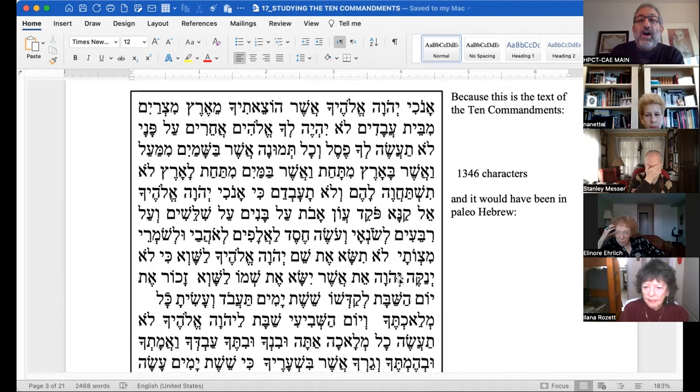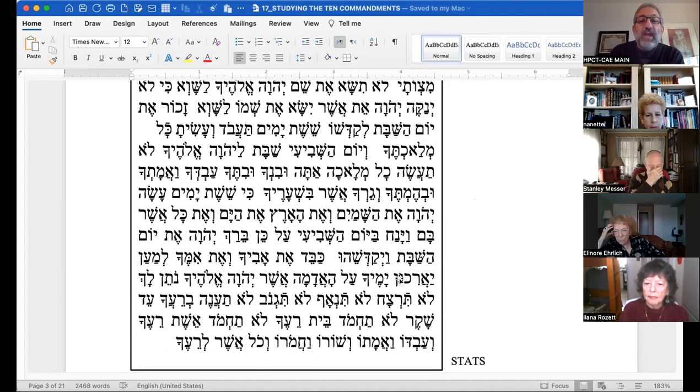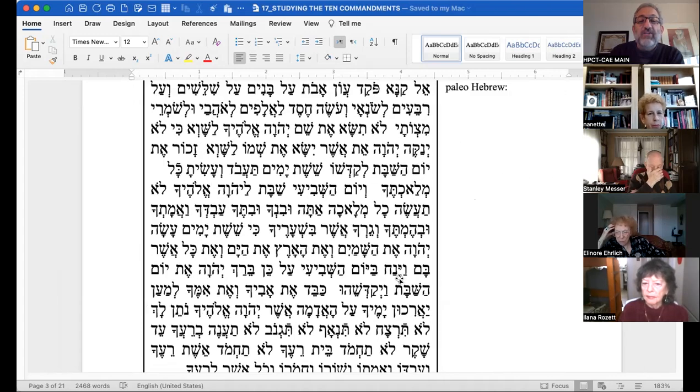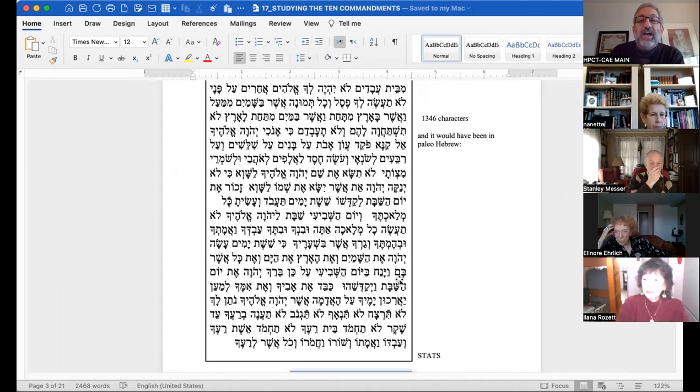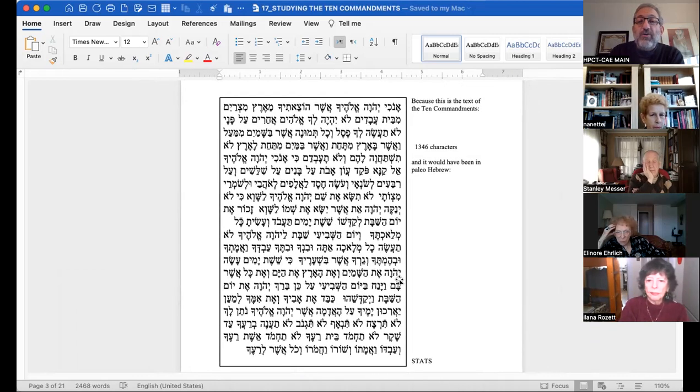So from Anochi to the end, V'chol asher l'recha is 172, and that's what it looks like. And if you were good at carving, you could probably get it on a bathroom tile sized stone. So it could, theoretically, fit into the chest, namely the Ark of the Covenant.